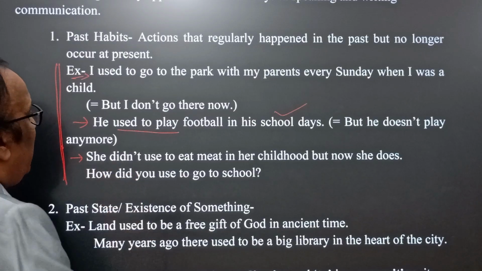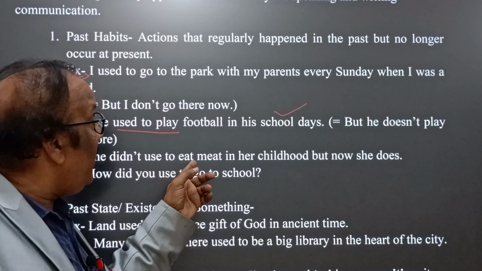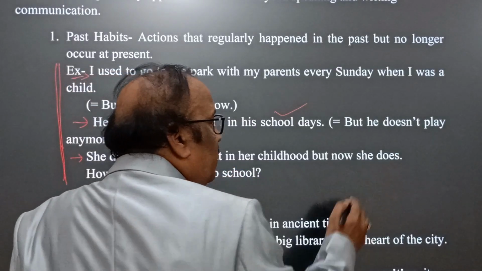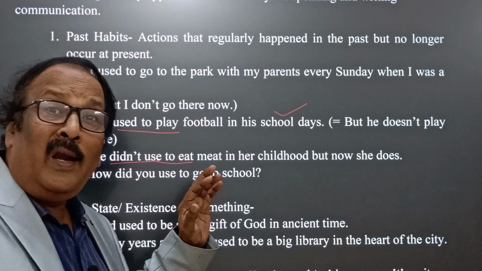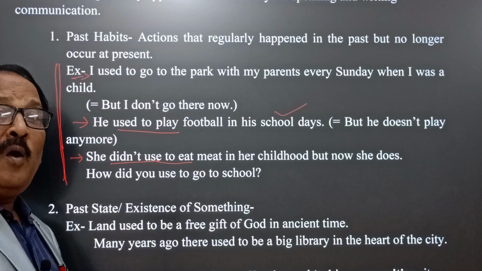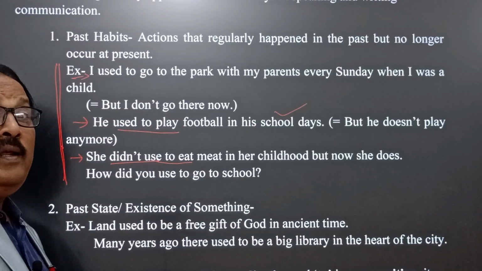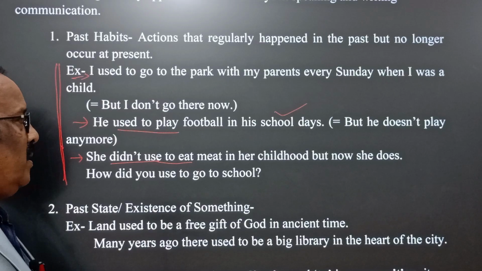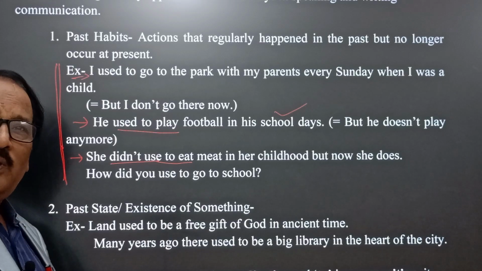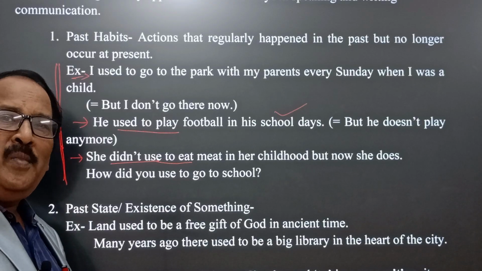Another example: she didn't use to eat meat in her childhood, but now she does. This is the negative form of "used to". She was not habituated to eating meat in her childhood, but now she does. It means now she eats meat.